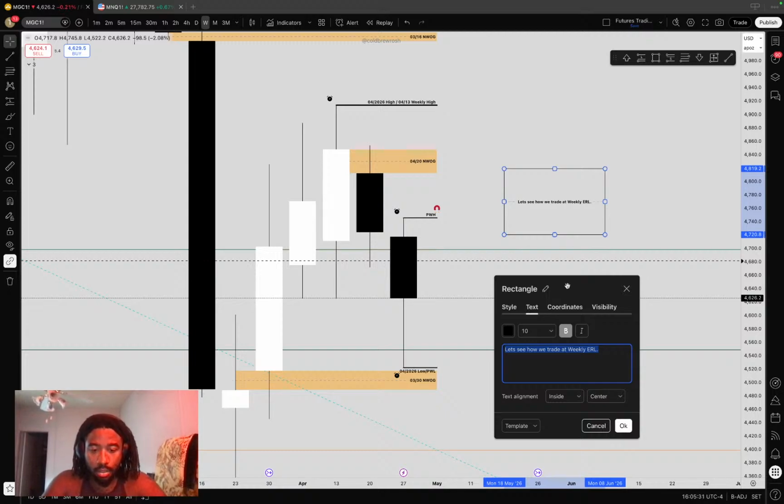Price, previous weekly candle expanded past April 13th weekly range.